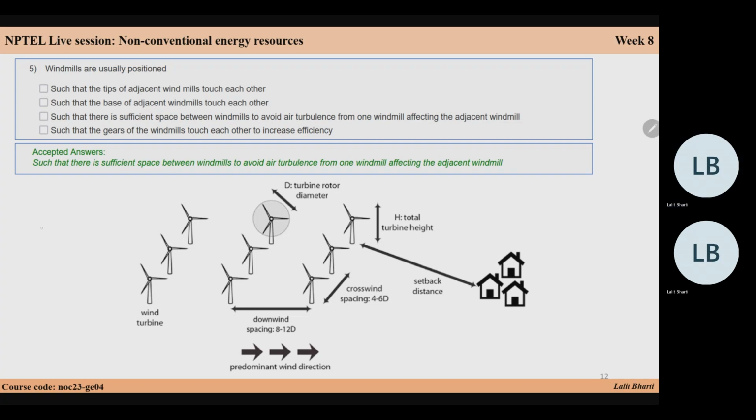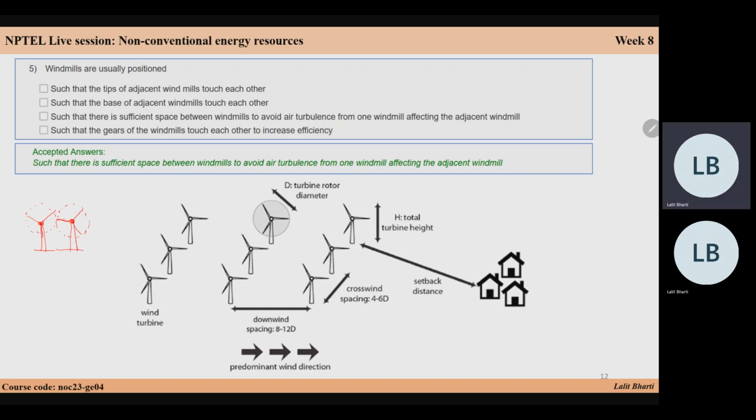If you just ignore these conditions, and this is a windmill, you would put another windmill as close as possible. If you put them in that way, the maximum number of windmills can be installed in a certain given area.